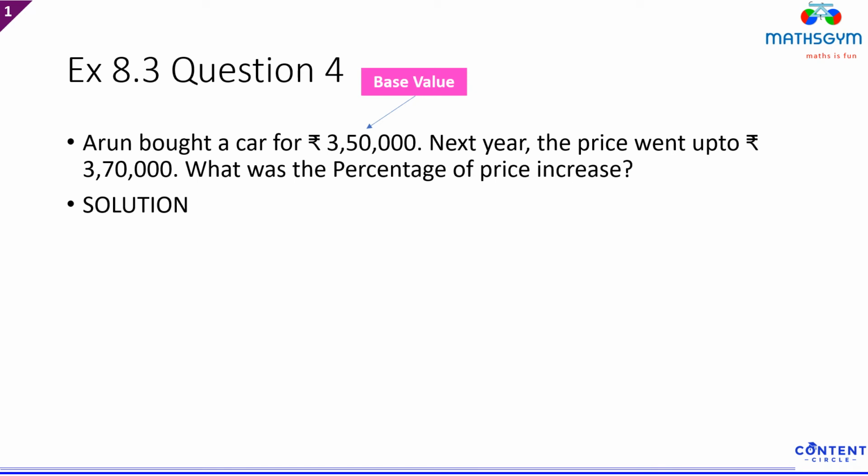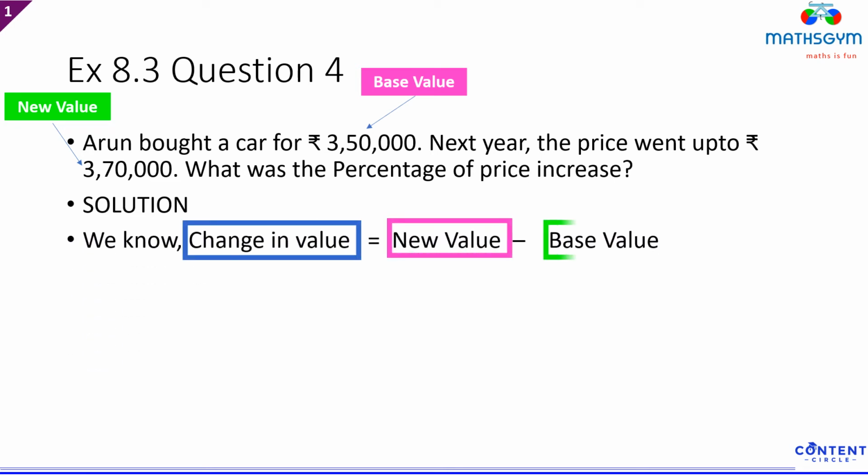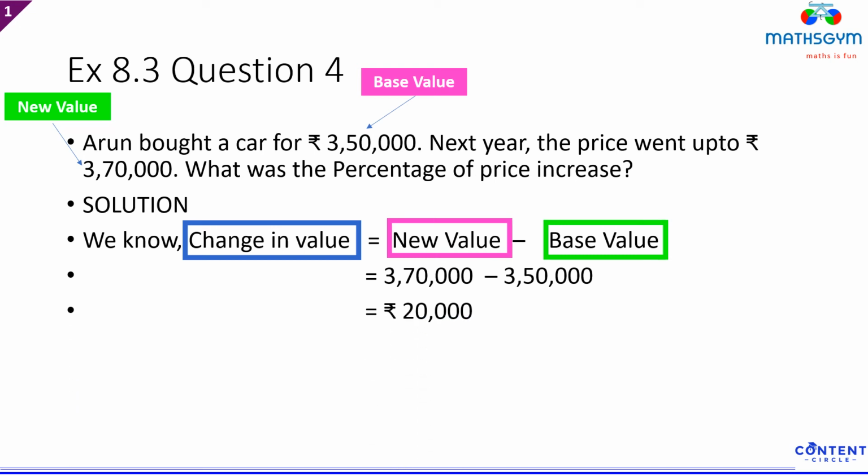So what is our base value? Base value is 3,50,000. What is our new value? It is rupees 3,70,000. So our goal is to find the change in the value. We know that the new value is bigger, so we will subtract the base value from the new value, which is 370 minus 350. Finally, what you get is rupees 20,000 as the change in the value.